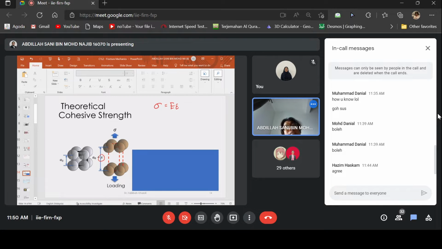And the strain is equal to the displacement over the original length. In this case original length is a naught. So displacement over a naught is the strain. This is Hooke's law, the spring one. This is the same.